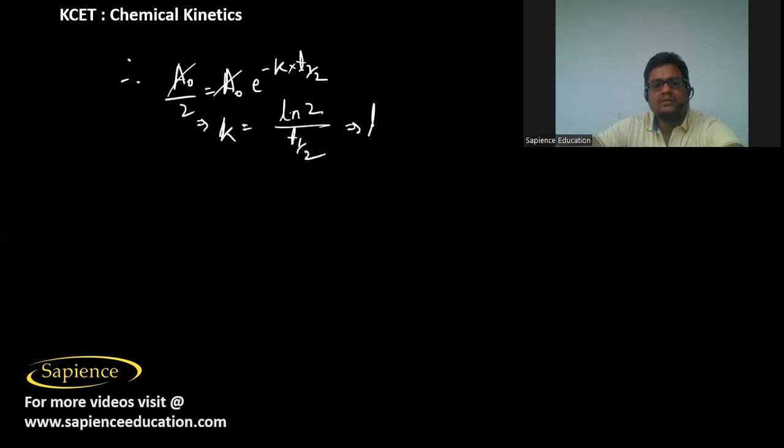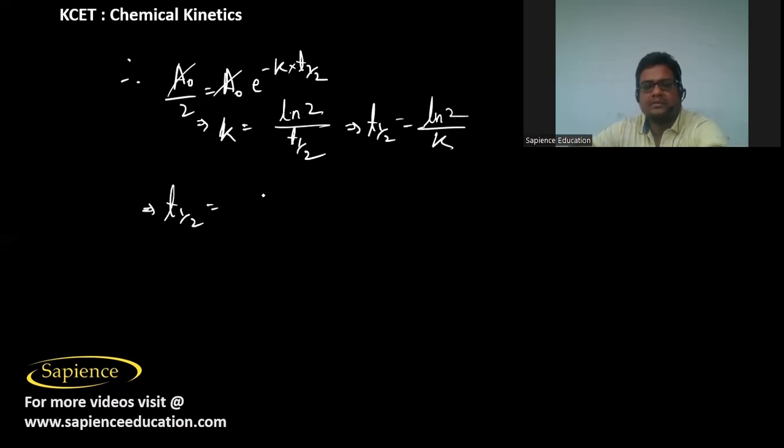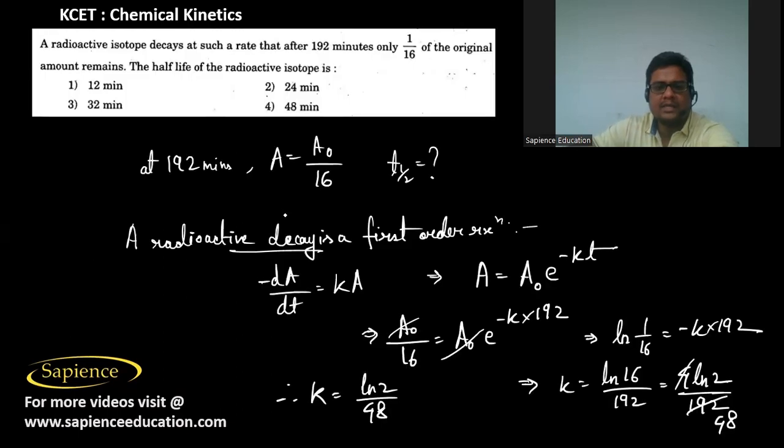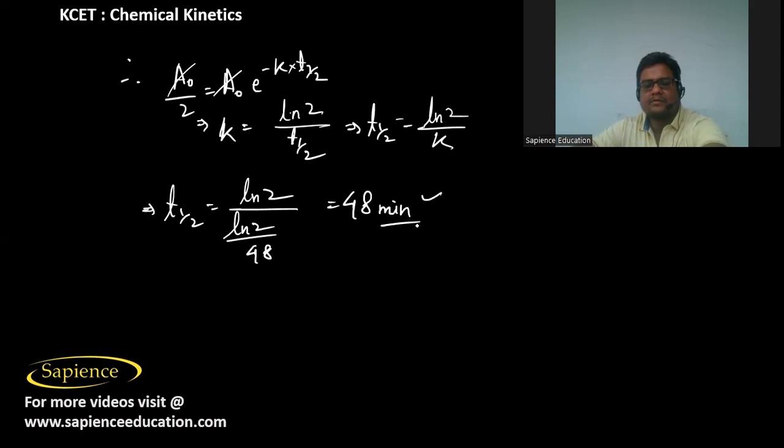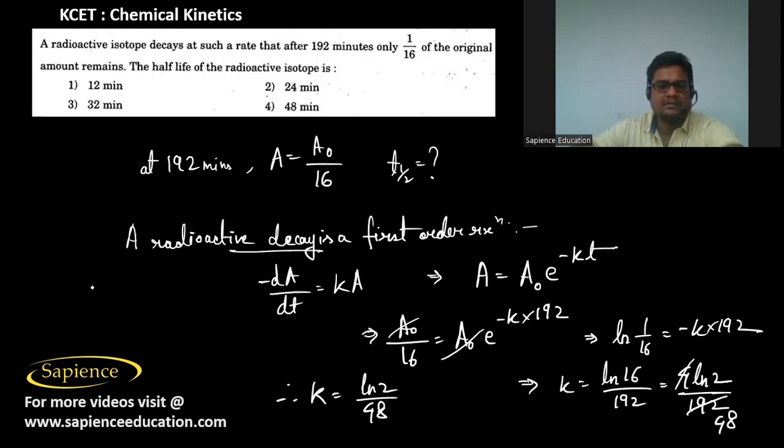So the half-life T half is equal to ln 2 by K. K is equal to ln 2 by 48. So that is equal to 48 minutes. So 48 minutes is the half-life. So option 4 is the correct answer.